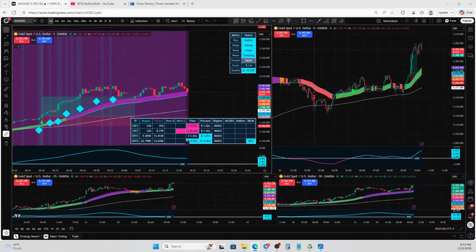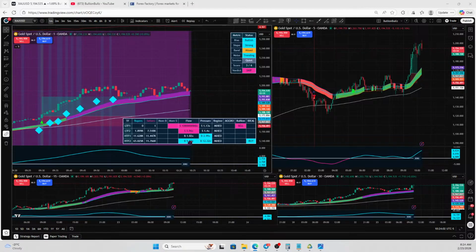We're able to have a decision matrix, which you see on the right side, which then helps us to take these trades. So it's basically volume being captured from different time frames and then aggregated into a decision matrix, which is called the Bullion Bullz Trend Master.